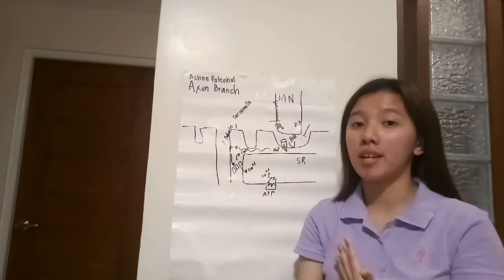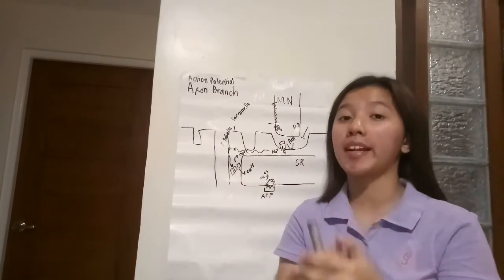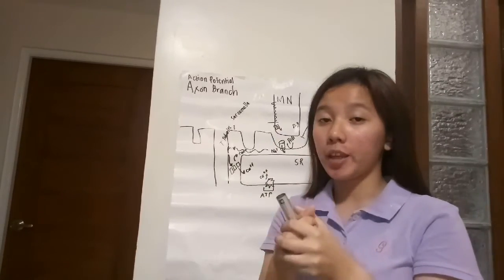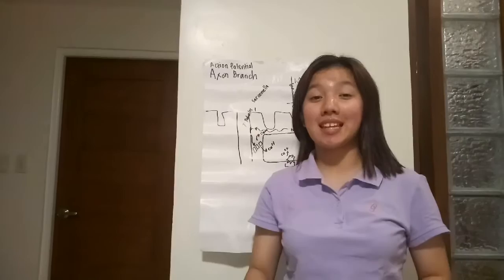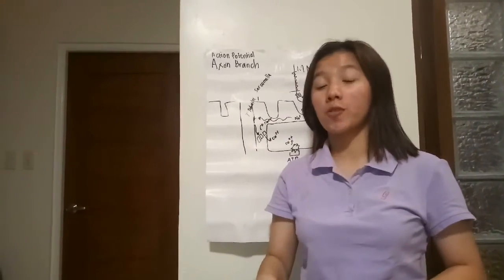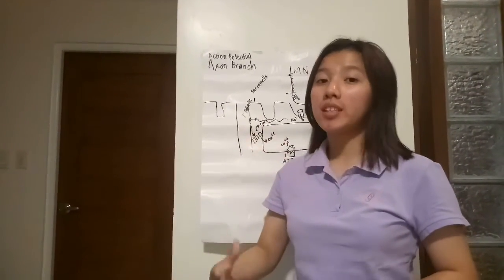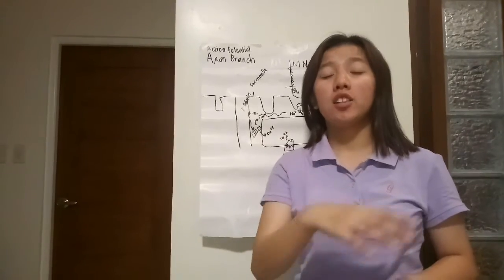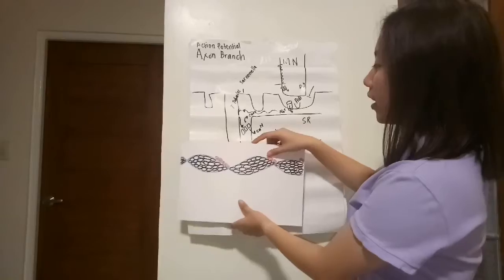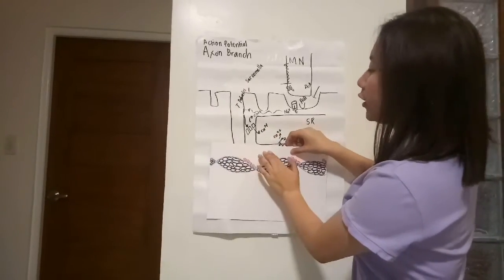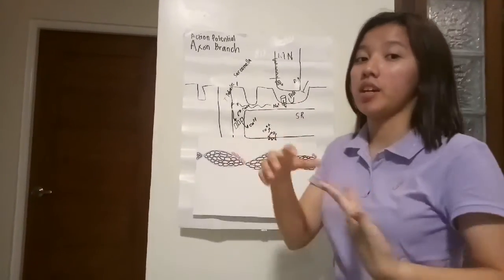And when that happens, this is the stage where calcium is bound with the troponin. The important function of the troponin is that it has the binding sites for calcium. Troponin is attached alongside the intervals of the actin myofilaments. So here is an illustration of how the troponin looks.